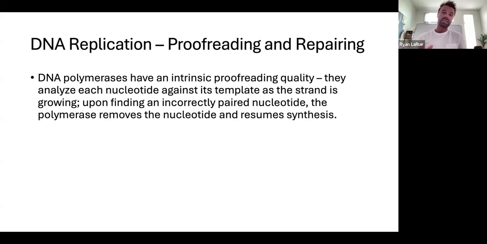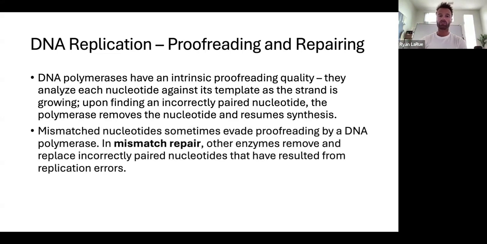But the point is, we need the correct DNA sequence, and we need accurate DNA replication. And so here's one backup plan: mismatch repair. Sometimes the nucleotides evade proofreading, in which case MMR, or mismatch repair enzymes, can come in and assist and take out that incorrect nucleotide and put the right one in.